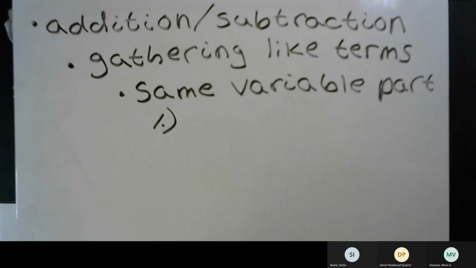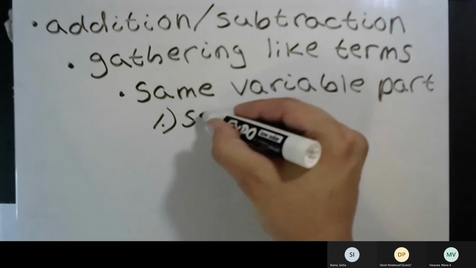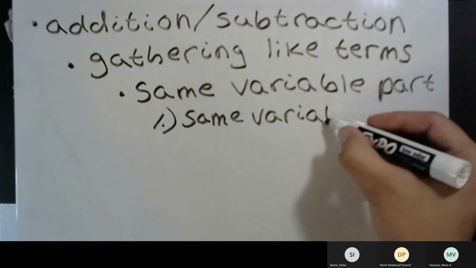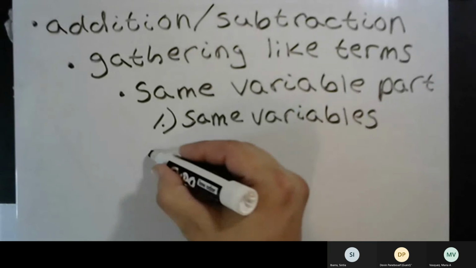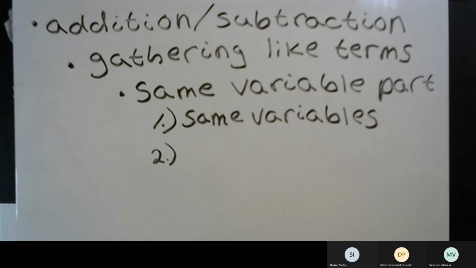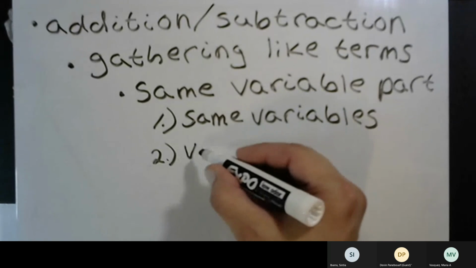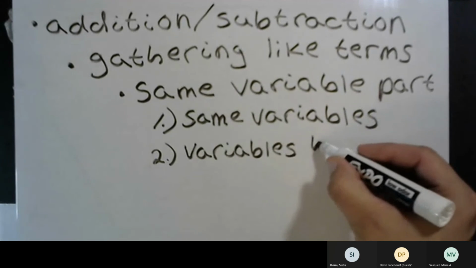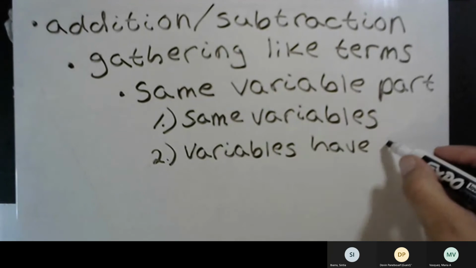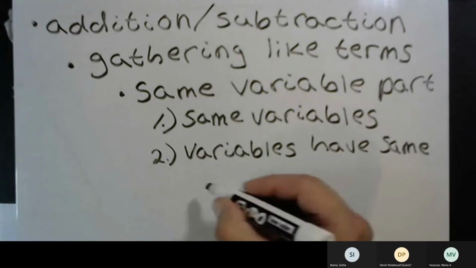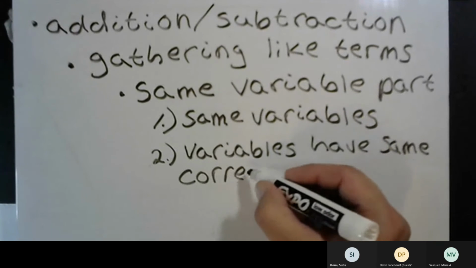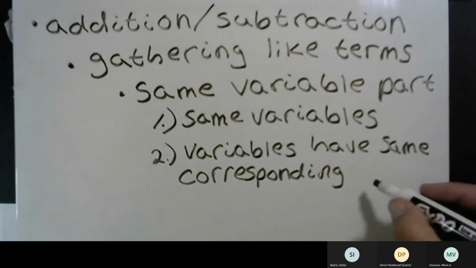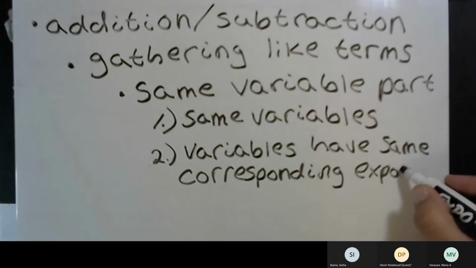The reason some terms would have the same variable part is that they would have the same variables, but also these variables have the same corresponding exponents.